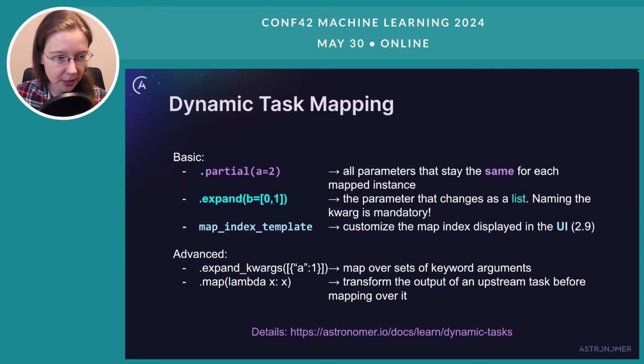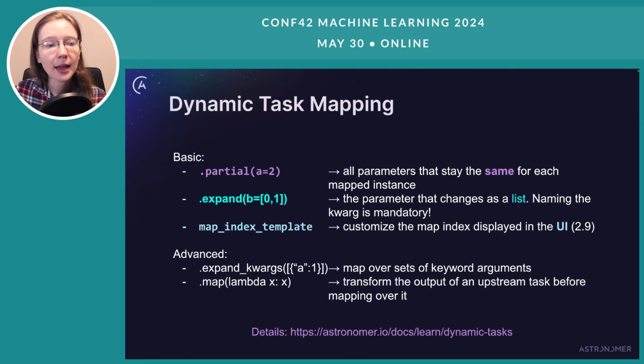Now, how do you do that in practice? So we have the basics, which is we have the .partial method. And as I said before, all the parameters that you put into .partial will stay the same for each dynamically mapped task instance. So in this case, I'm saying the parameter A is always equal to 2. The second method that you put on your call of a task is .expand.